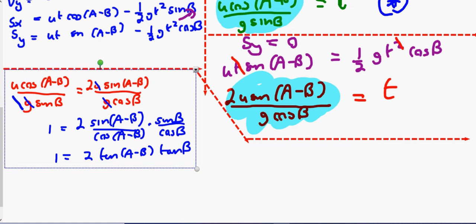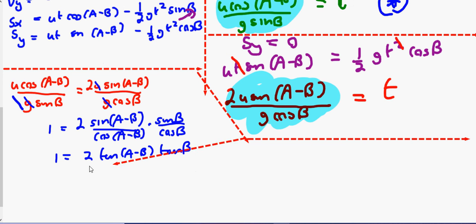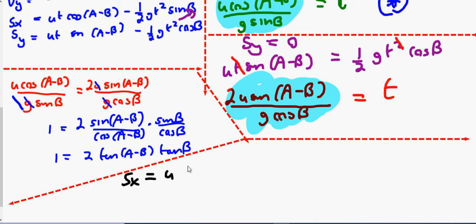All right, so go again. First thing I'm going to write down is Sx, without the t value. This is going to be u t cos(a minus b), minus a half g t squared.